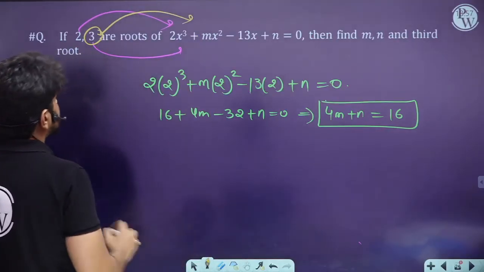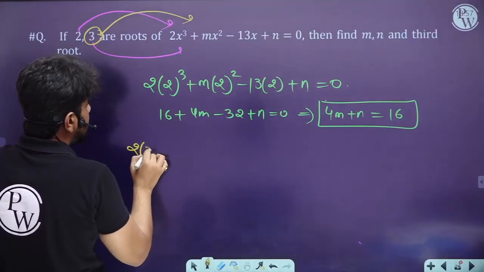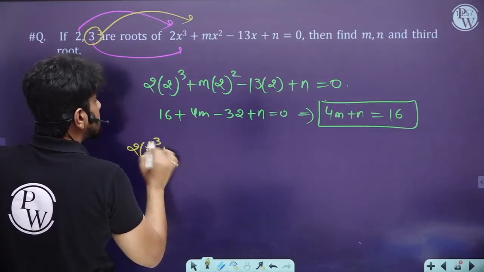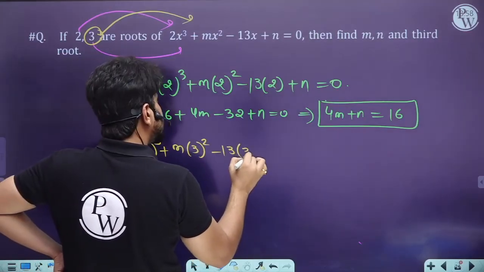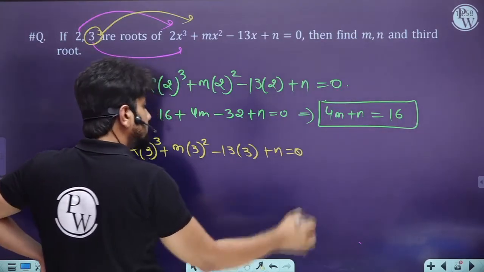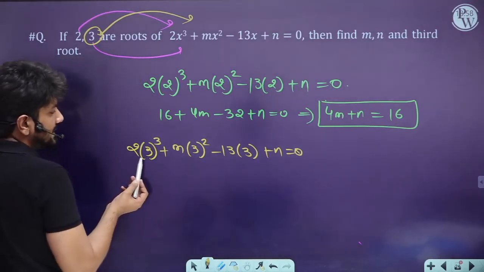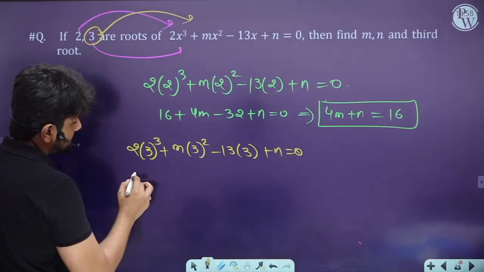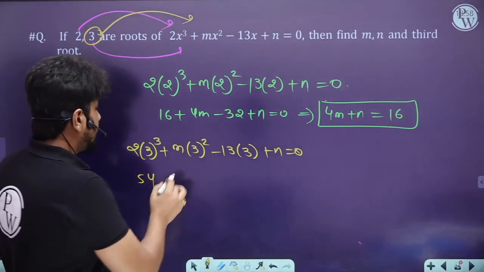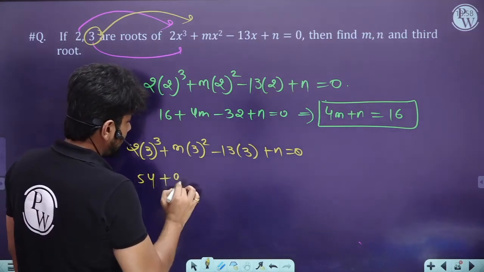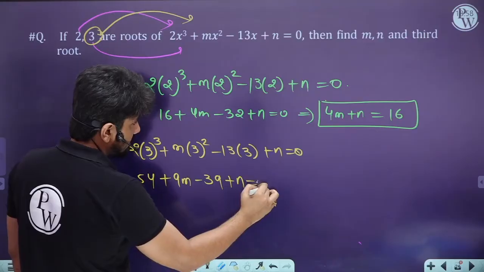In place of x, if I put 3, I get 2 times 3 cube plus m times 3 square minus 13 times 3 plus n is equal to 0. 3 cube is 27, 27 times 2 is 54. Then 3 square is 9, so we have 9m. This is minus 39 plus n is equal to 0.